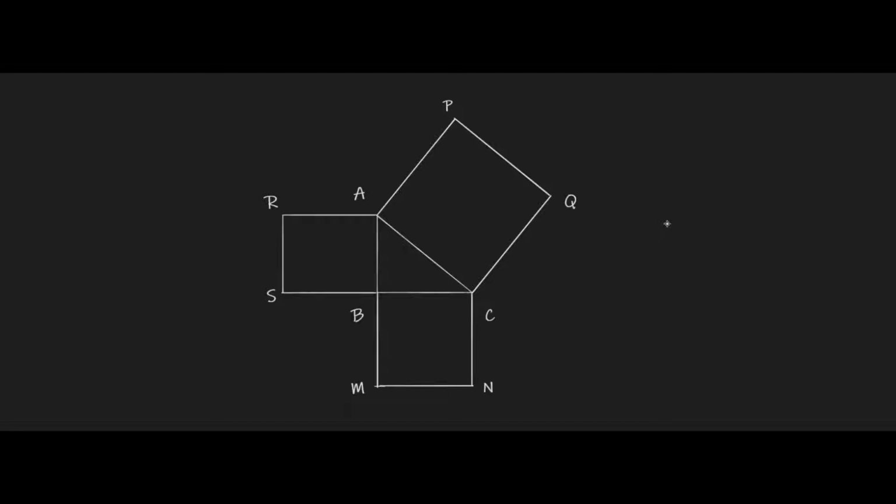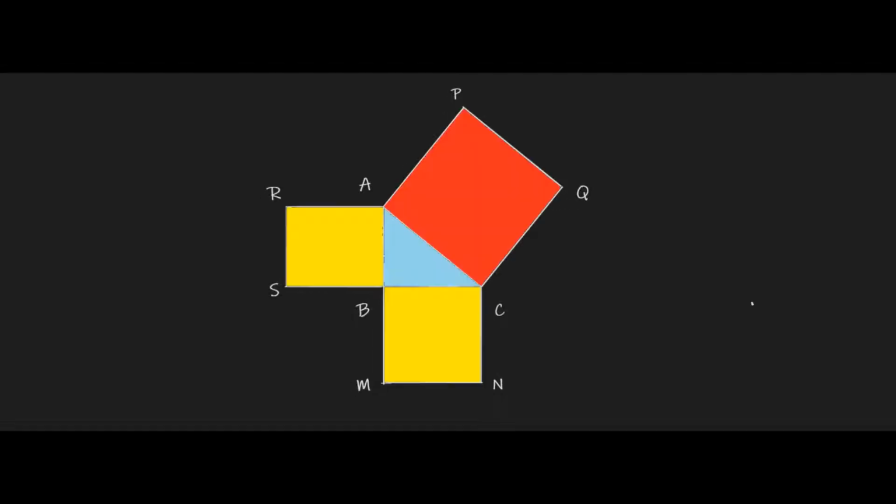Okay, so we have the right-angled triangle ABC, and then we have the square APQC that sits on the hypotenuse. We have the square ARSB that sits on this side of the right-angled triangle, AB, and we have the square BMNC that sits on BC, the third side of the right-angled triangle.